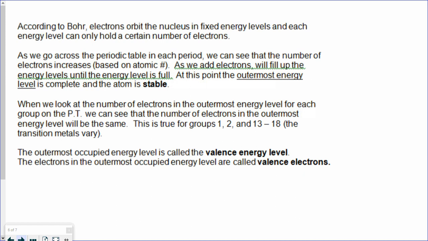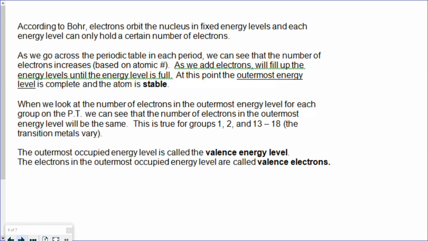At this point, the outermost energy level is complete and the atom is stable. So something like neon that we saw previously, remember the second shell can hold 8 electrons. Neon that we have there has 8 electrons. So it is stable. And if you did your energy level diagrams for any of the noble gases, so any of your group 18, you would find that they have a full outermost shell.